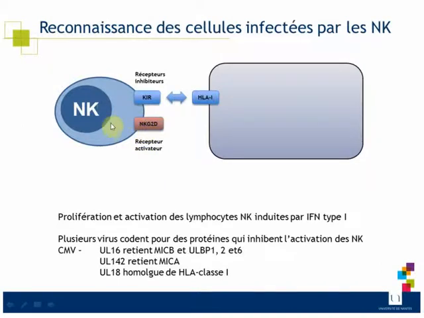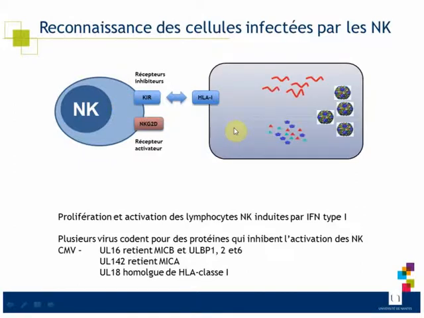Whether or not this NK cell gets activated depends on the balance of signals it gets from the inhibitory receptors and the activating receptors. When an NK cell encounters a non-infected cell, the KIR receptors will interact with the HLA class 1 molecules on the surface of this cell. The NK cell will get an inhibitory signal and it will not kill this cell.